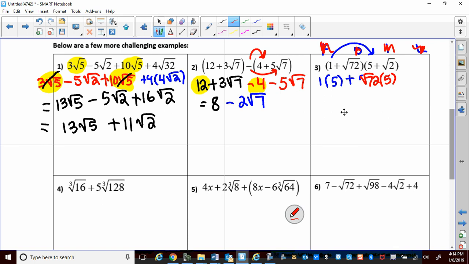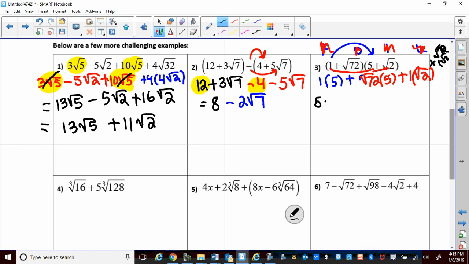And then 1 times square root of 2 plus square root of 72 times 5. I kind of want to rewrite that so it's a little bit farther this way. So I'm just going to go through and simplify here a little bit, but let me get that last part in there. Square root of 72 times the square root of 2.